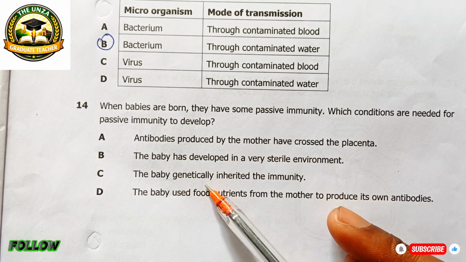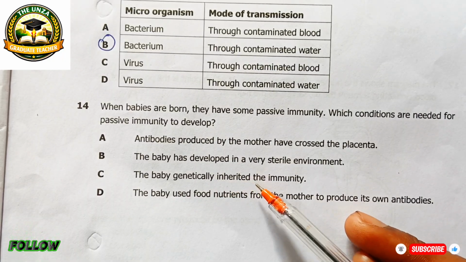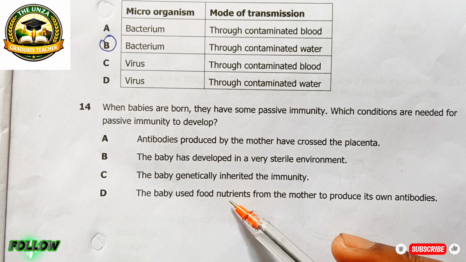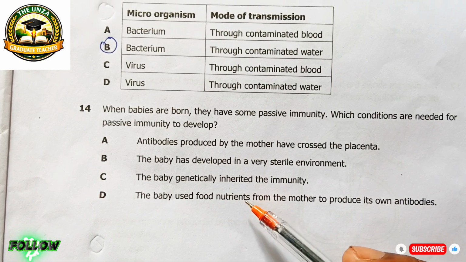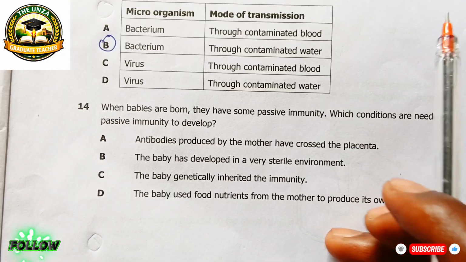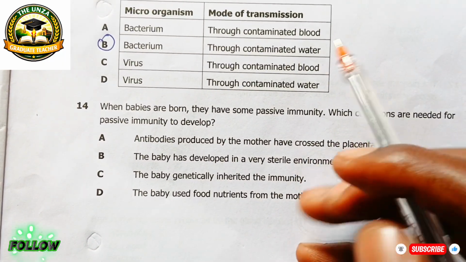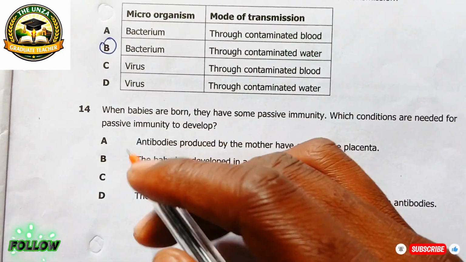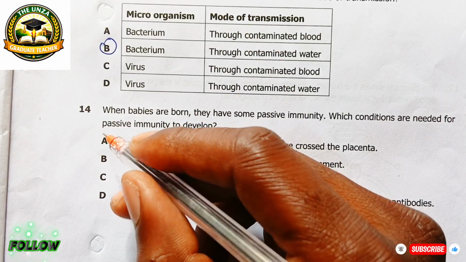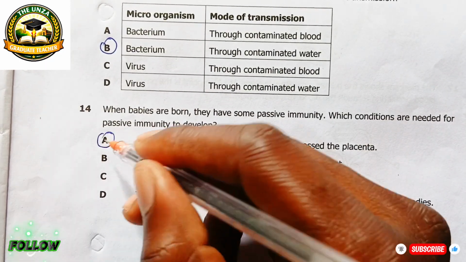C, the baby genetically inherits the immunity. D, the baby used the food nutrients from the mother to produce its own antibodies. So the answer here we are going to say is A.